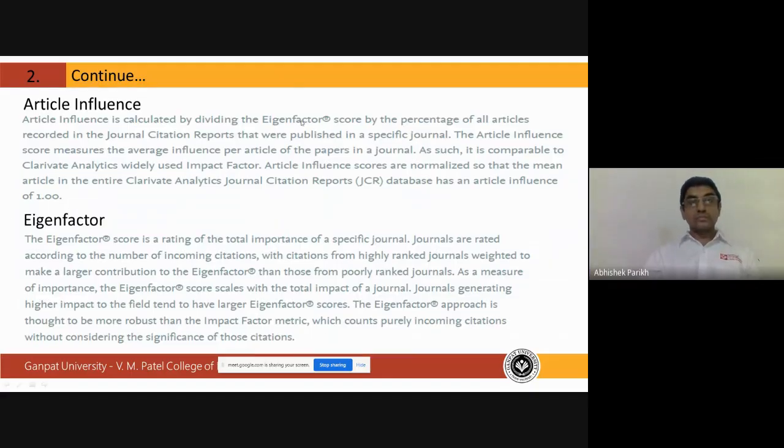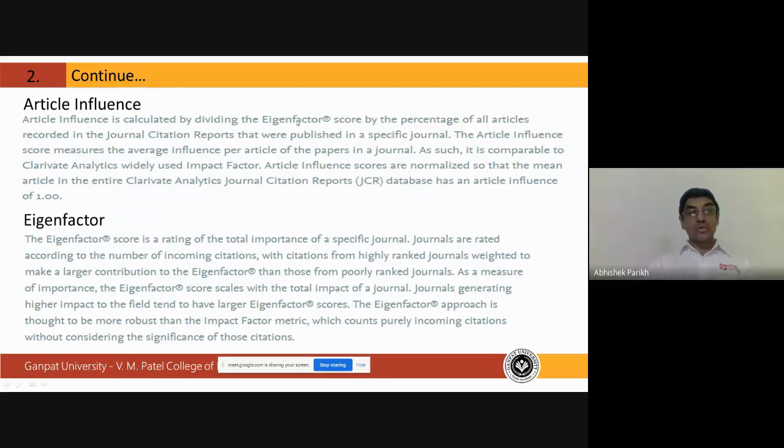So let me explain Eigenfactor before we try to understand the article influence. Eigenfactor score is a rating of the total importance of a specific journal.